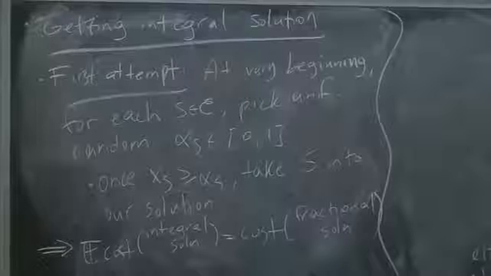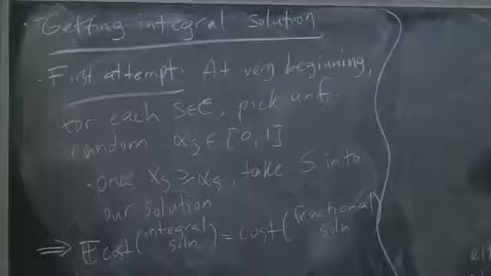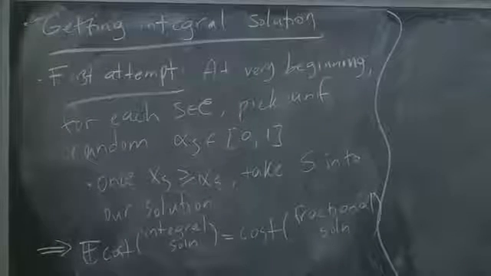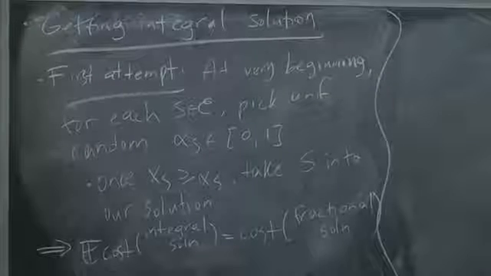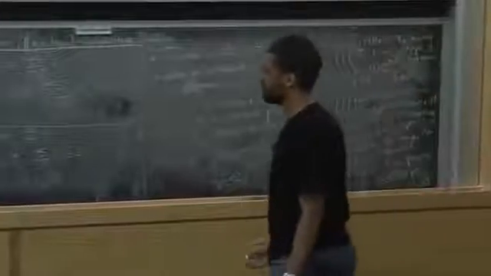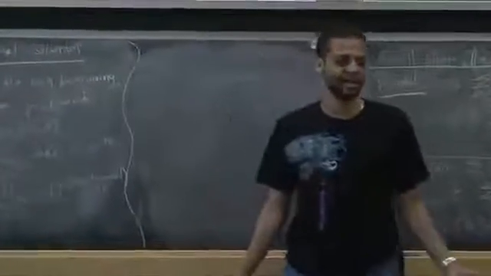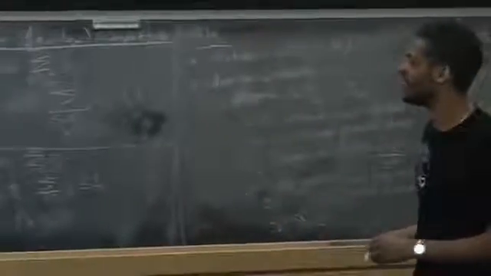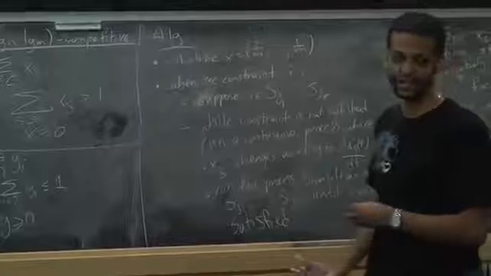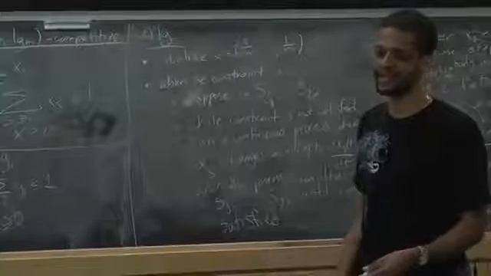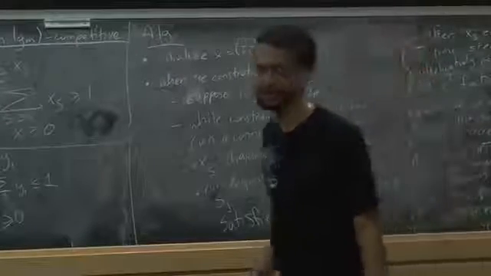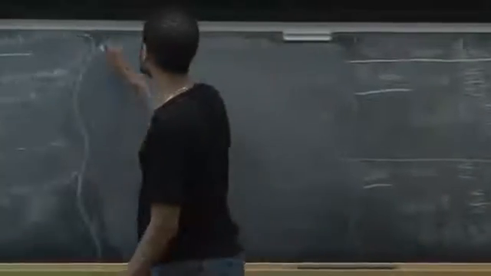But there's a problem. What's the problem? Huh? Might not be feasible. Exactly. Okay. At least with ski rental, if we didn't randomly decide to buy, we were always renting anyway, so we were always feasible. Here, if we mess up and we don't actually take it into the solution, then that element's not covered, and this might not be feasible.